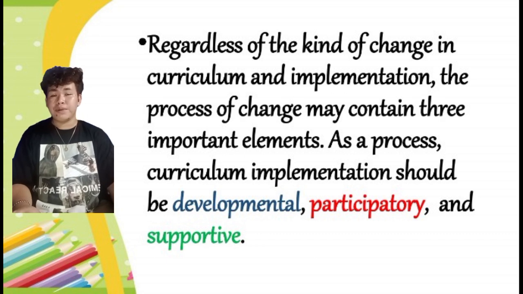And it should be participatory, especially because other stakeholders like school leaders, parents, and curriculum specialists are necessary. Then it should be supportive because the human support is very much needed. The school leaders should provide full institutional support to implement the new curriculum.